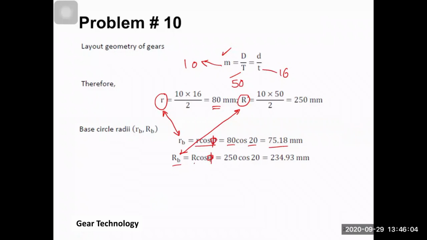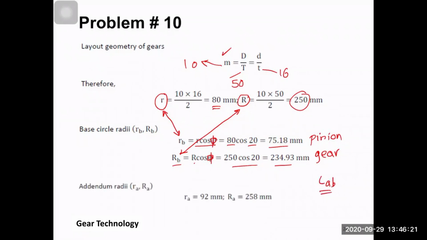So we get the base circle radii for both pinion and gear. We need these four values in order to calculate the length AB, actually. Okay, we can also find the addendum radii, if you remember.